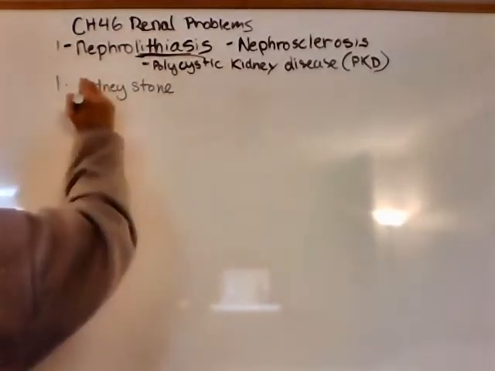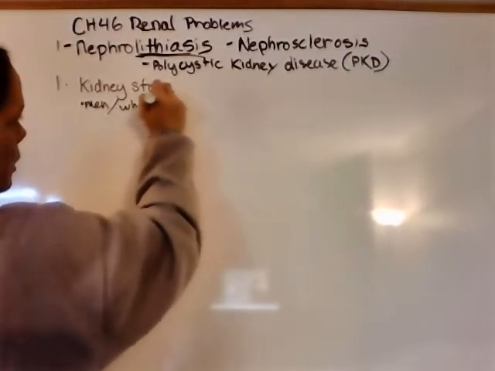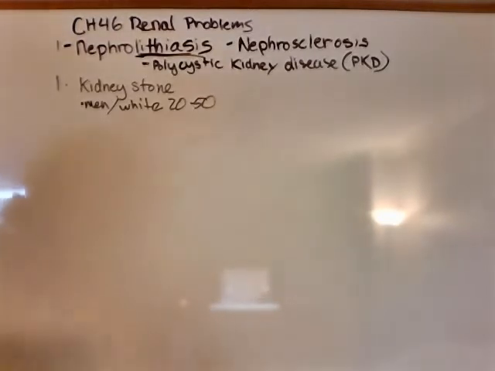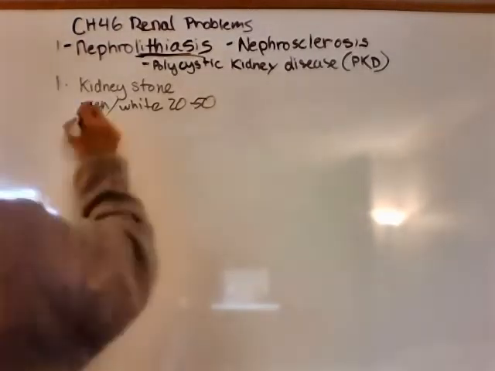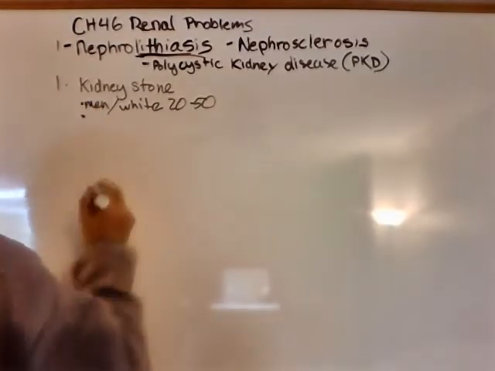Kidney stones are most predominantly in men, and most predominantly in white men, usually 20 to 50 years of age. It does happen in women, but usually it's associated with UTIs, which we get more of. So that's one of the risk factors there.